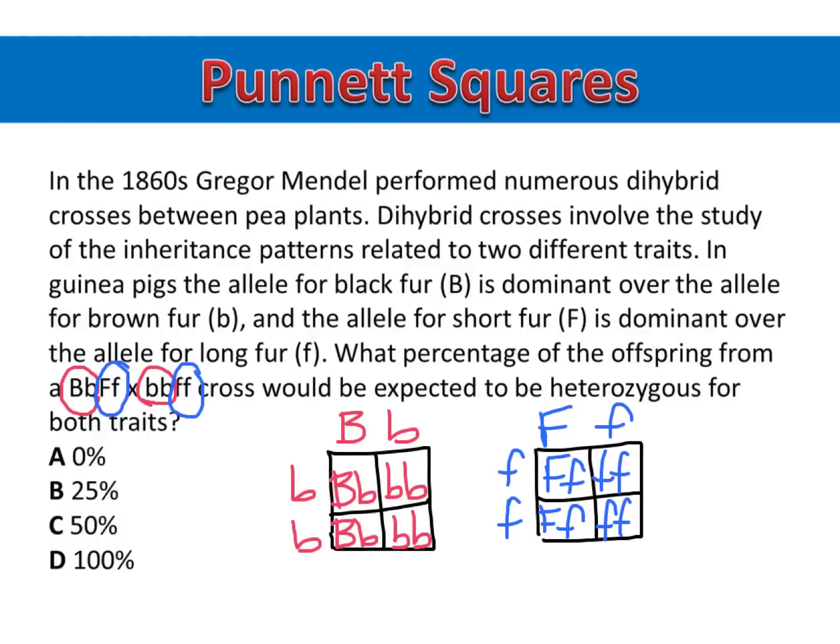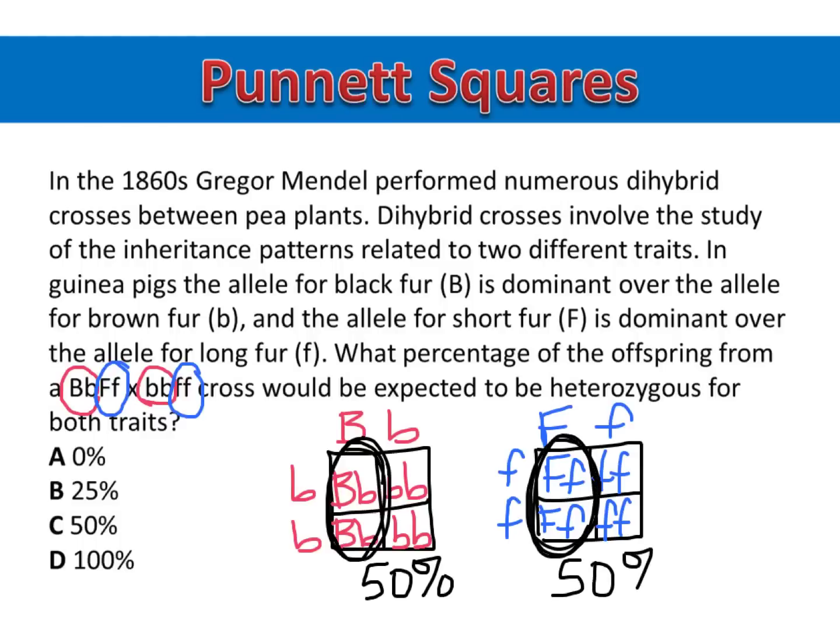And my question asks what percentage of the offspring from that cross would be heterozygous for both traits. Well, heterozygous for fur color would be these two, and that's 50%. And heterozygous for fur length would be those two, and that's also 50%.